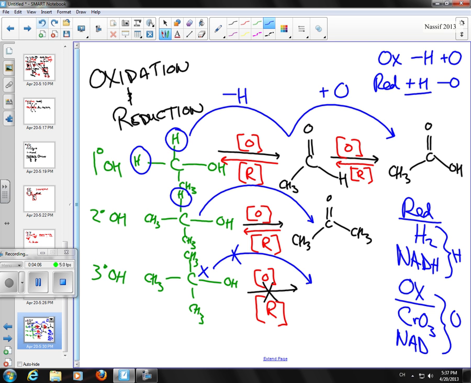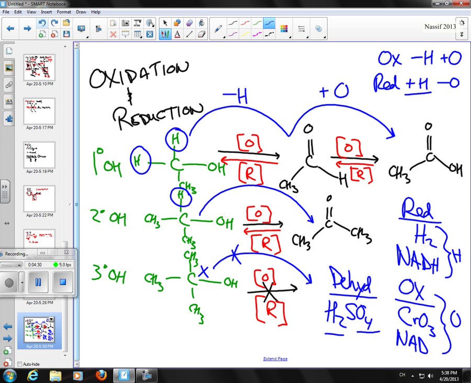The easiest way to remember it is as what we wrote out. Reducing reagents have a lot of hydrogens. Oxidizing reagents either don't have hydrogens or have a lot of oxygens. And lastly, dehydration, the only one you know is H2SO4, which has a lot of hydrogens and oxygens, so it stands out.